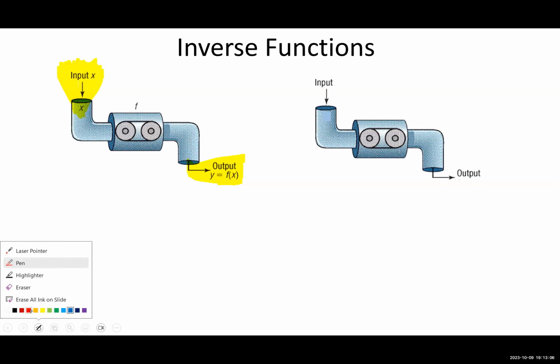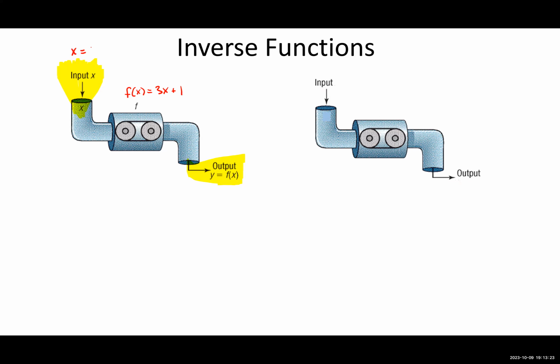I'll use a different color, red. This is just an example, but let's say our function is f of x equals 3x plus 1. That function does two things. It takes an input. Let's say x equals -4. It takes the number -4, multiplies it by 3, and then adds 1.